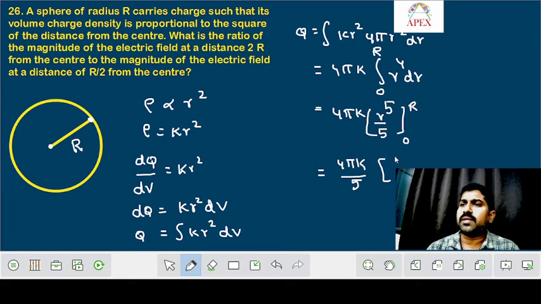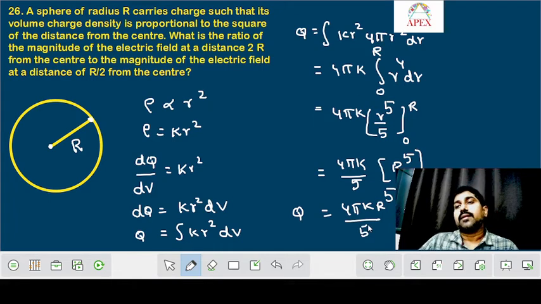Lower limit will be 0 only, so you can simply write it as R power 5. So finally the charge Q equals 4 pi k R power 5 by 5. This is the value of charge in the whole given volume of the sphere.